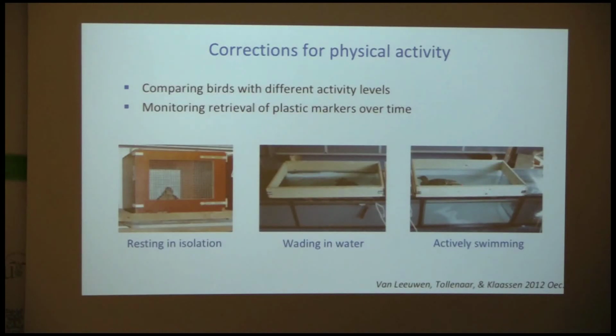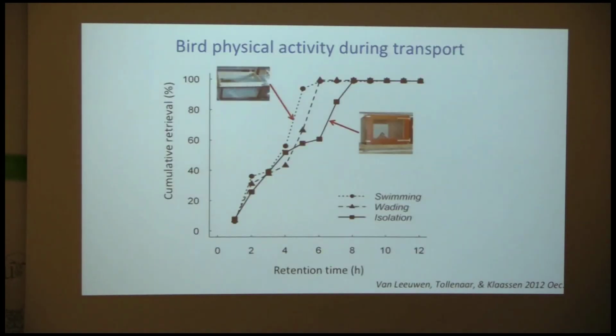So we had resting, and then wading, as we call it, like sitting in the water, just doing nothing, and then actively swimming. And what we found is that the retention time, so the time that markers, we fed them plastic markers, the plastic markers will be retained, and then the cumulative retrieval of those markers over time, we found that in the birds that were actively swimming, after about 4 hours, they're already defecating most of the markers that we fed them. But then those sitting still in the cage, most of the markers were retrieved after 6 hours.